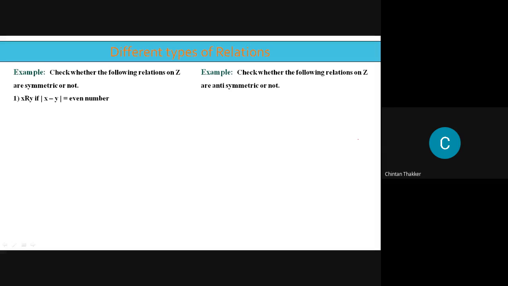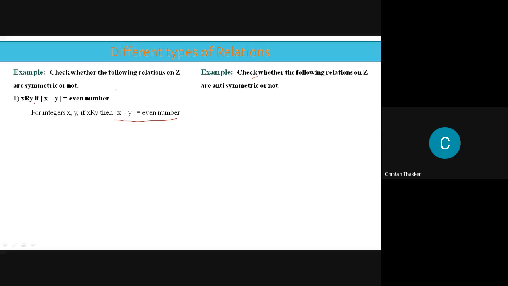Suppose we take two elements from A, x and y, and x is related to y, that means we have mod of x minus y, and it is an even number.